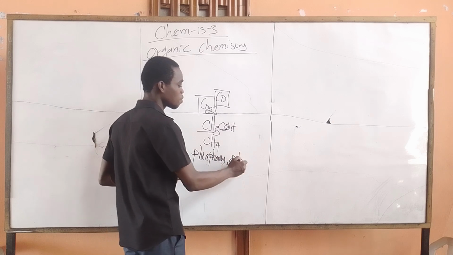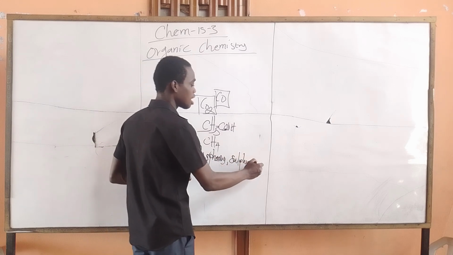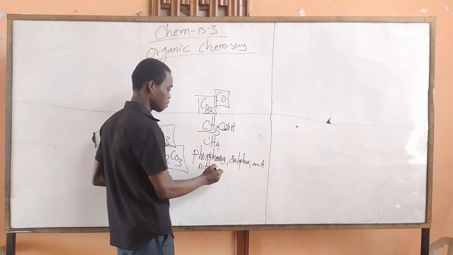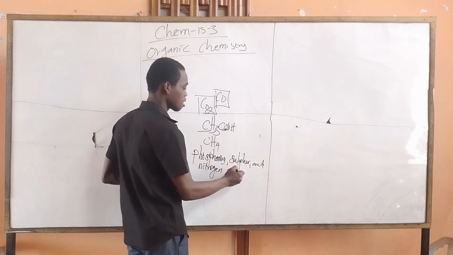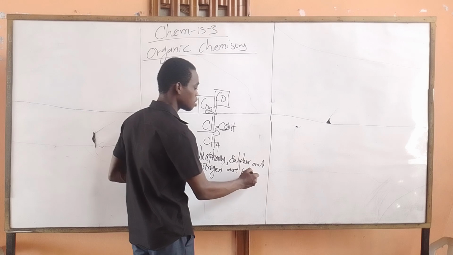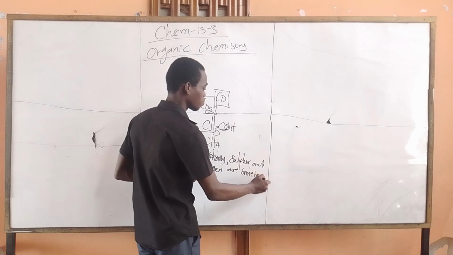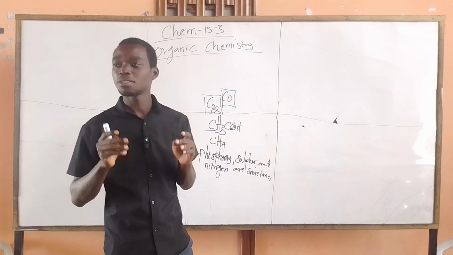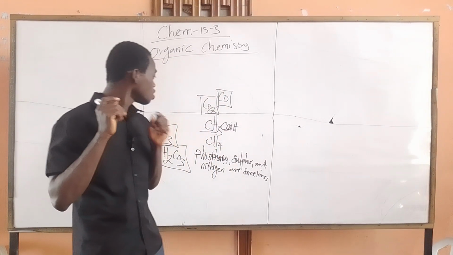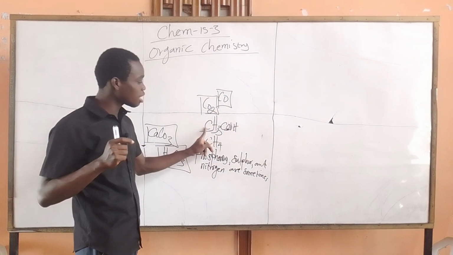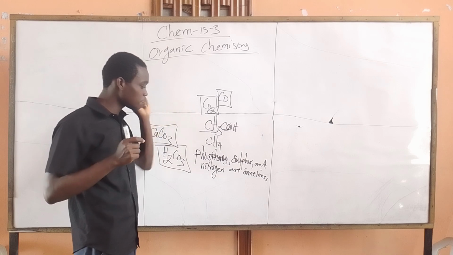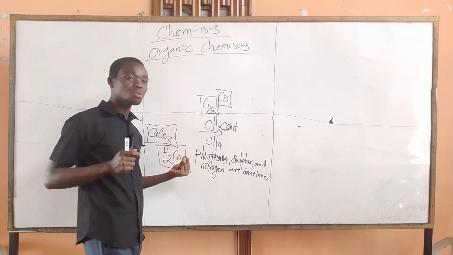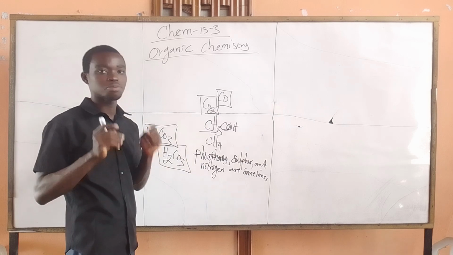Phosphorus, sulfur, and nitrogen are sometimes present. So we said organic compounds are compounds in which carbon, hydrogen, and oxygen are usually present. Phosphorus, sulfur, and nitrogen are sometimes present.